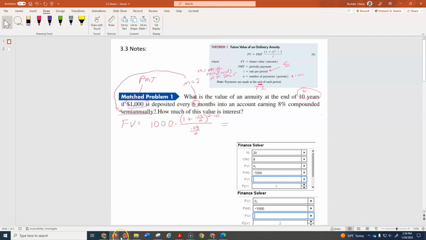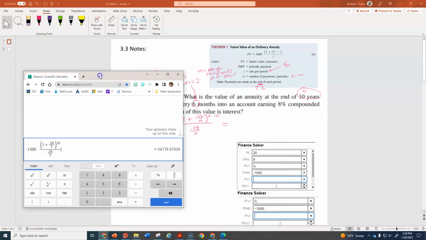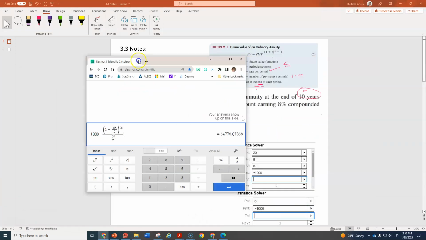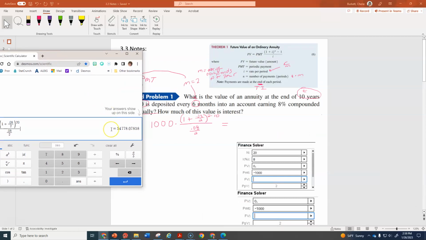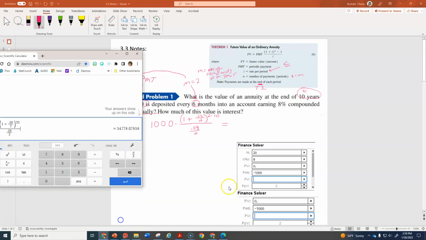Anyway, I type this in on the calculator just like I have it written down. And you can see that my answer is 54,000. Let me get my calculator back up.